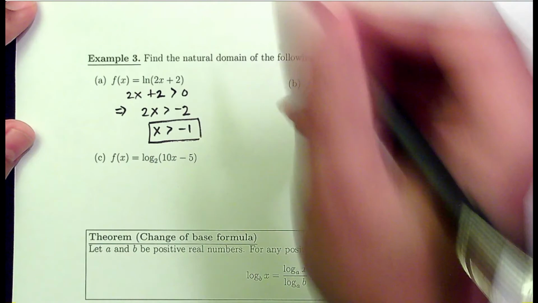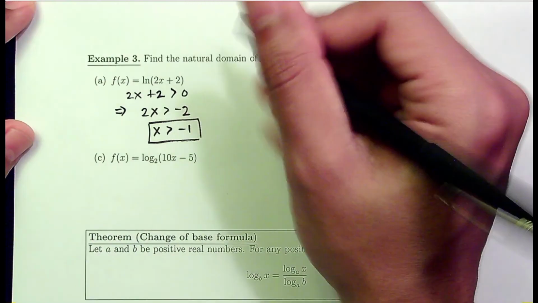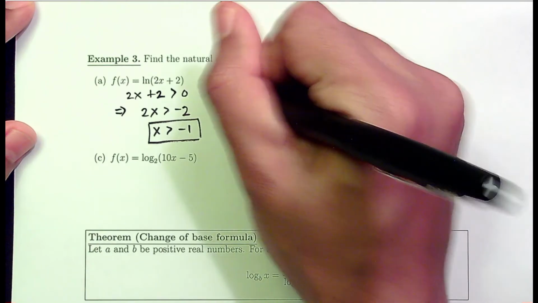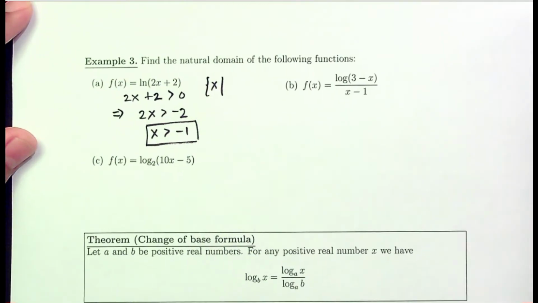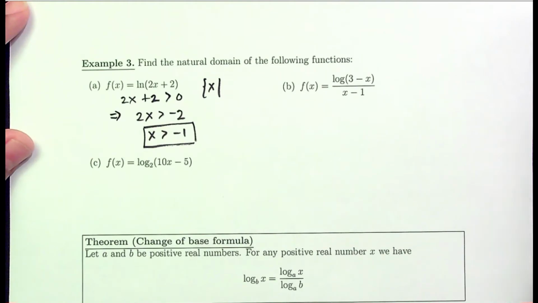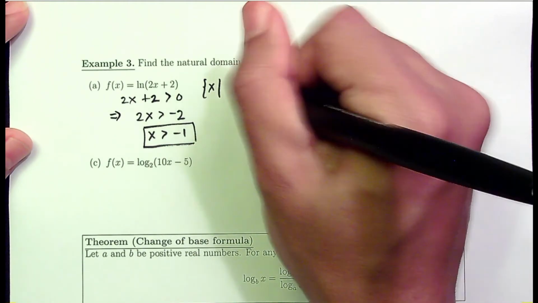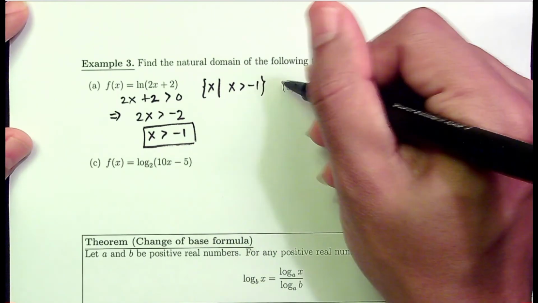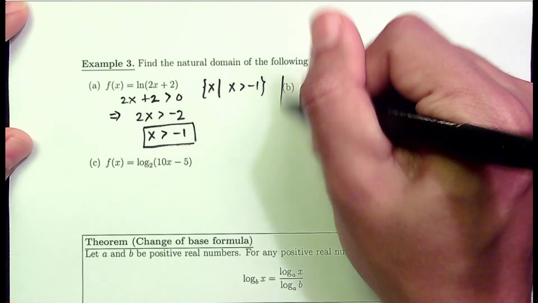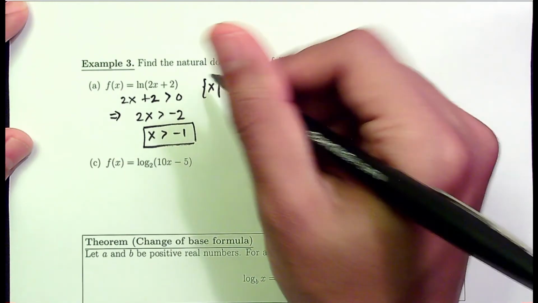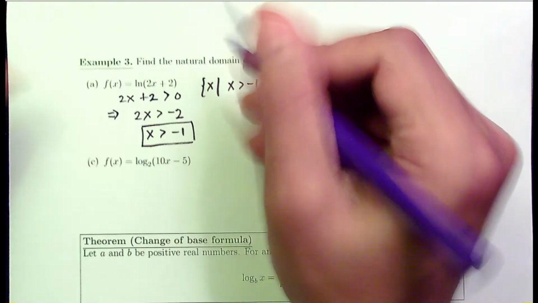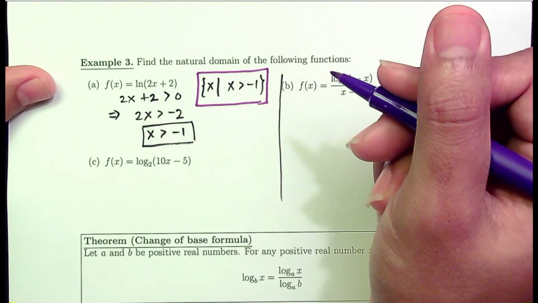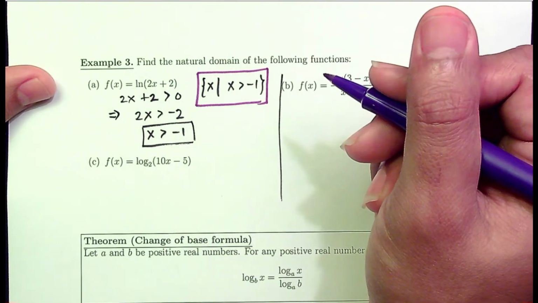So remember, there's two ways we're going to be reporting the domain. You can report it in set builder notation: the set of all x such that x is a real number and x is bigger than negative 1. Or the other way you could report the answer is using interval notation.